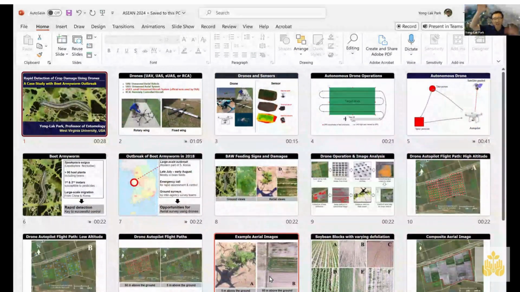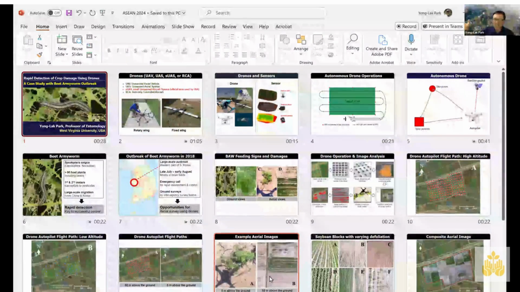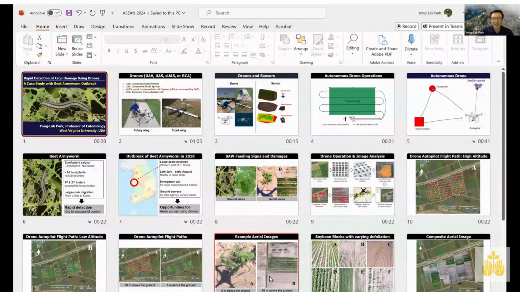If you fly high, you can cover a large area, but you cannot see detail. If you fly very low, you can see great detail, but you cannot cover a large area. So that's why the study I showed you is about what altitude is good for early detection, rapid detection, or detailed detection.